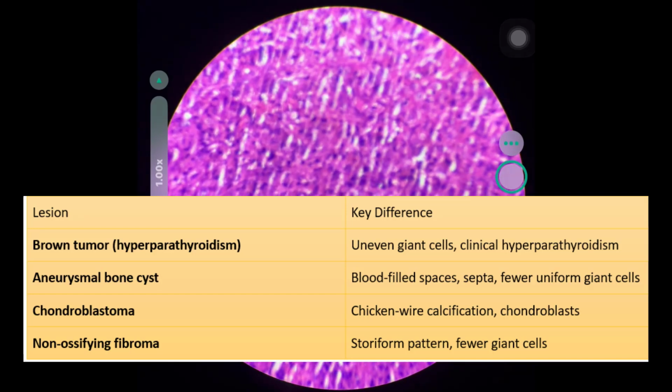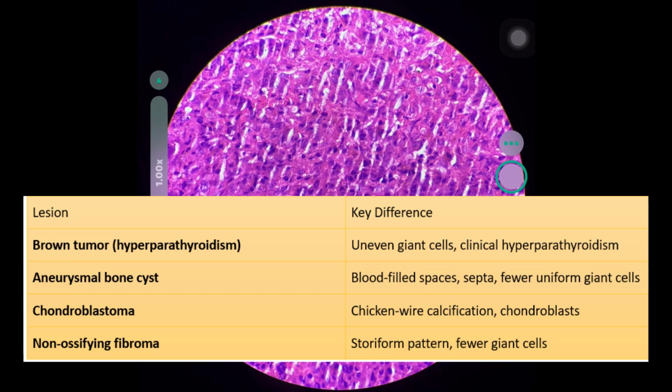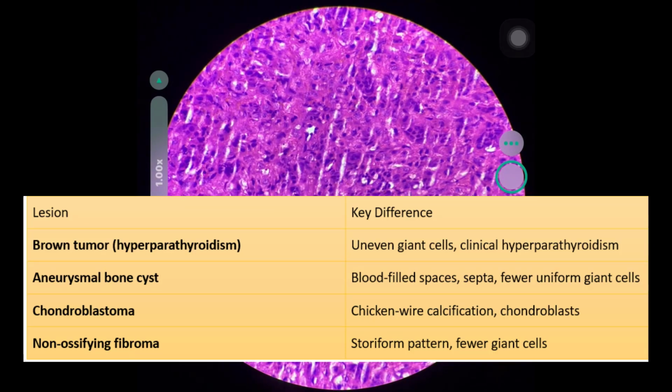Another differential diagnosis is non-ossifying fibroma, where you find a storiform pattern of fibroblast arrangement and fewer giant cells compared to this tumor.